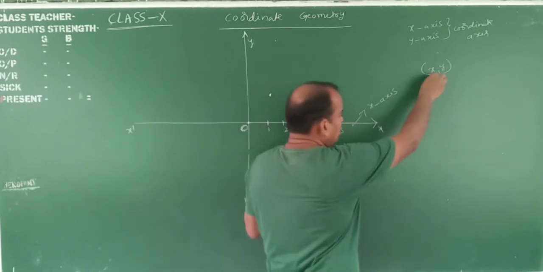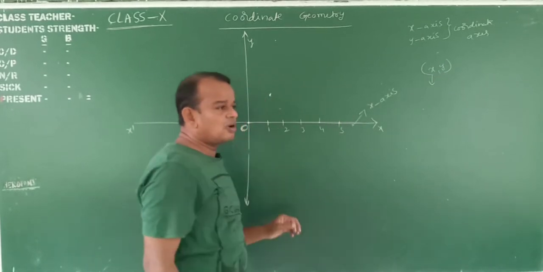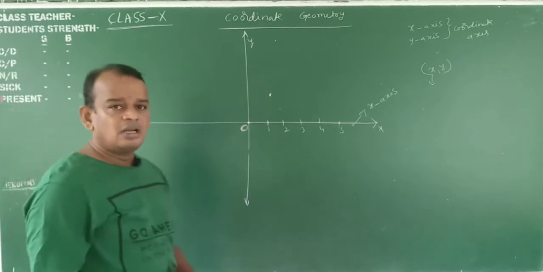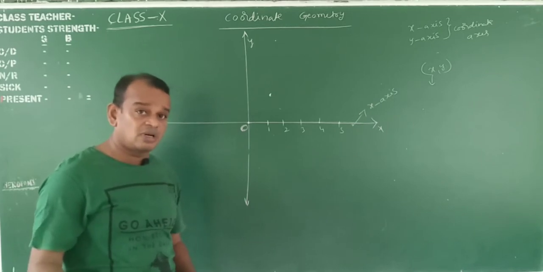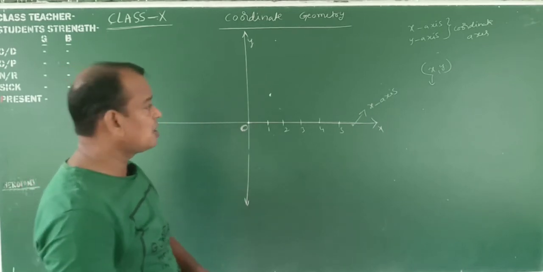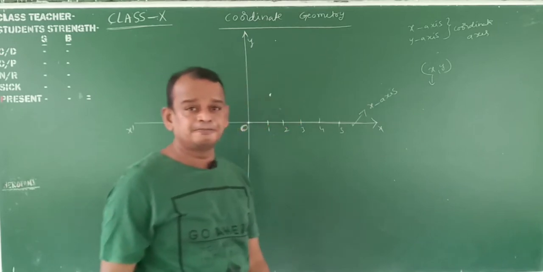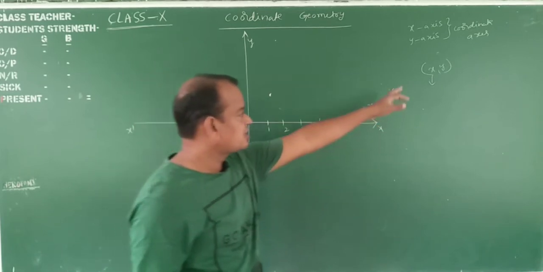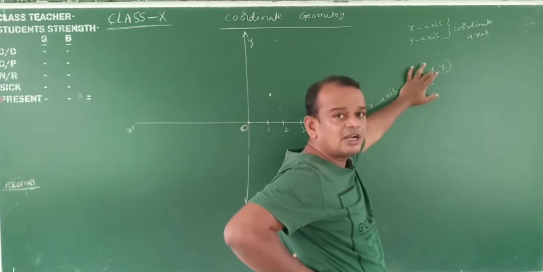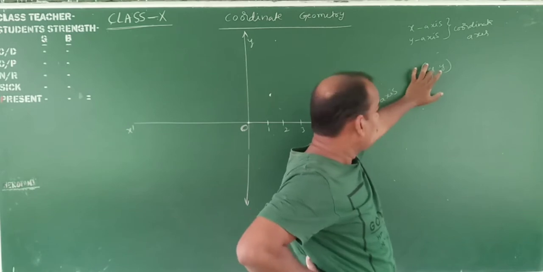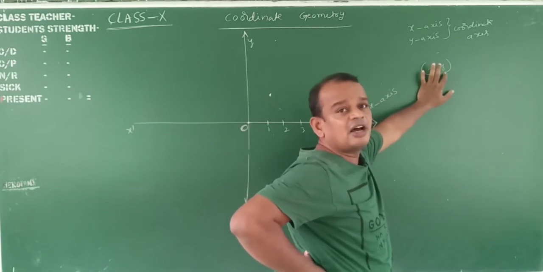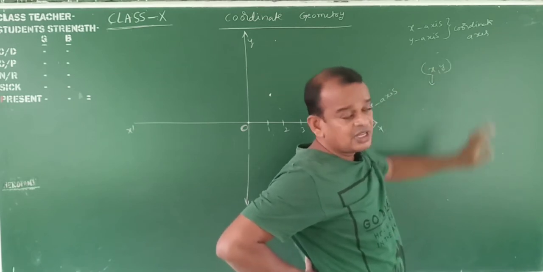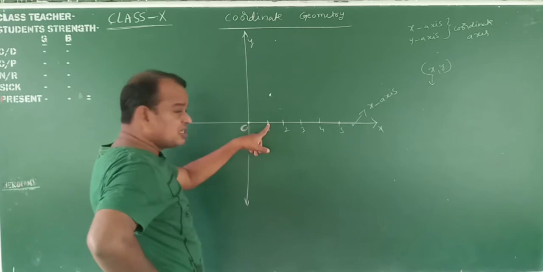Here x is called the first coordinate, or x-coordinate, or abscissa. y is called the second coordinate, or y-coordinate, or ordinate. Abscissa and ordinate.